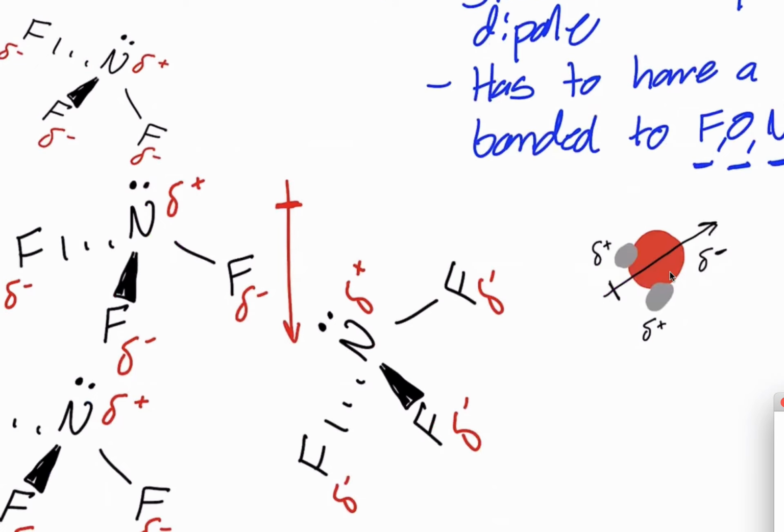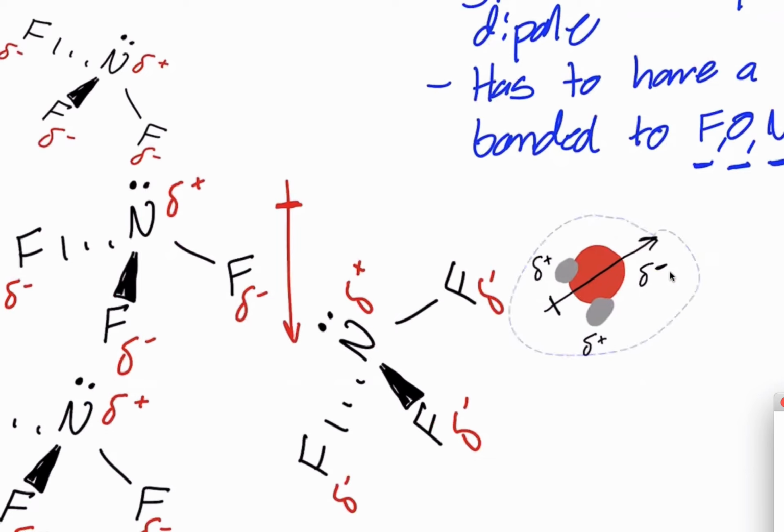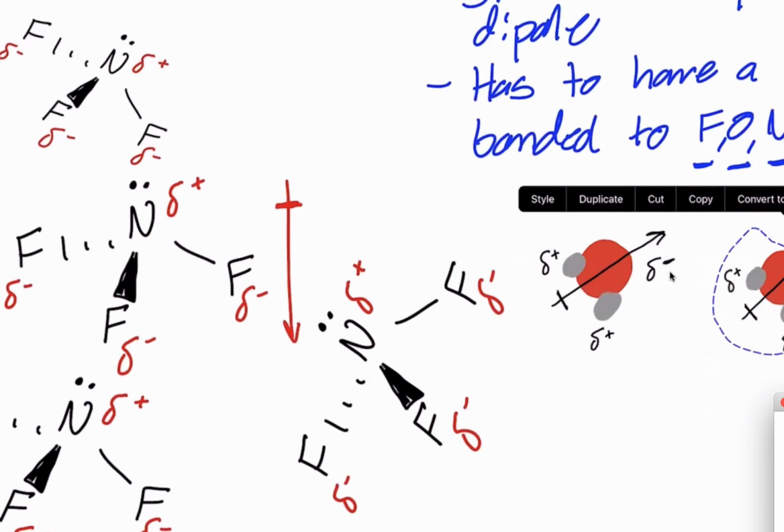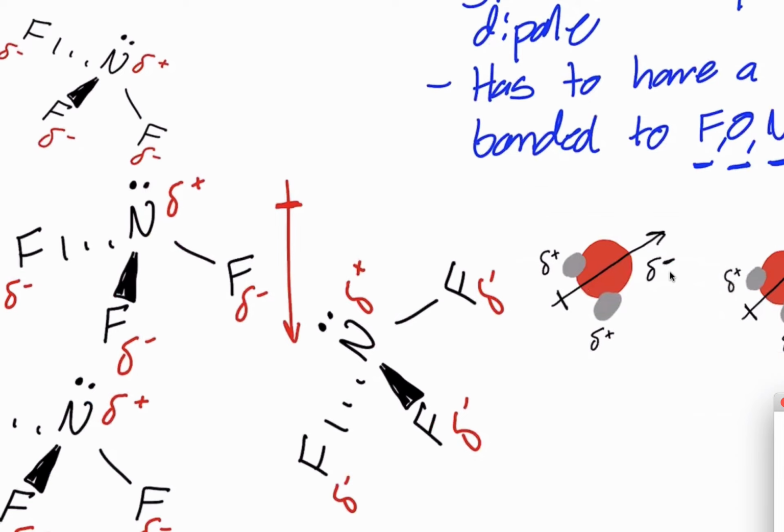Next, the electronegative atom that hydrogen is bonded to is going to be attracted to the hydrogen on an adjacent molecule. It looks like this, right? So the attraction is going to be from the electronegative phone to a hydrogen on an adjacent molecule that is also bonded to a phone, okay?